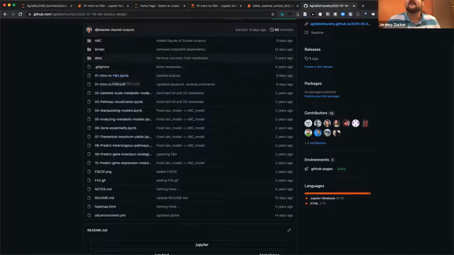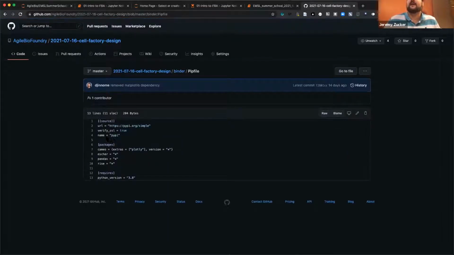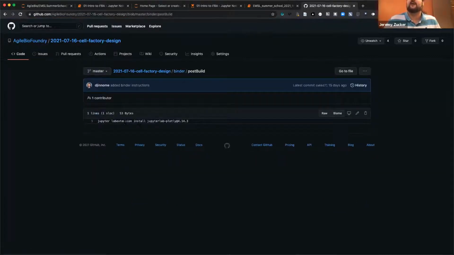I think I go in the binder here. Yeah, there's a pip file, and that tells you exactly what you need to install: Plotly, Escher, Pandas, and RISE. I was originally going to do this in a slideshow fashion, so you don't really need RISE. And then there's a post build where you have to do a JupyterLab extension to make sure that Plotly works correctly.